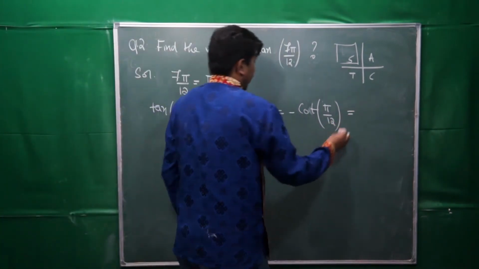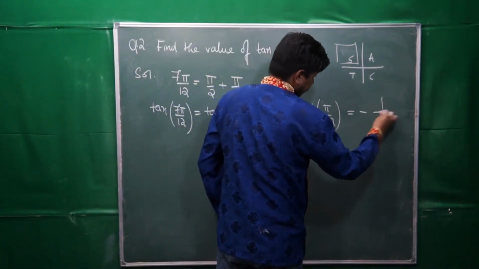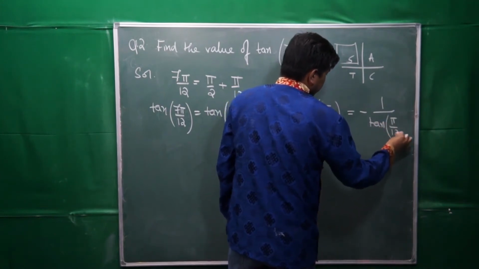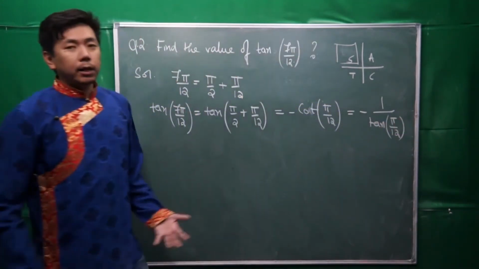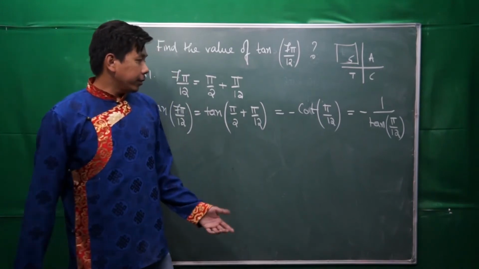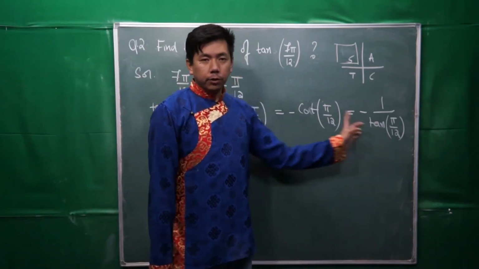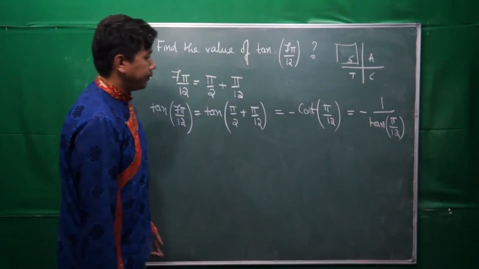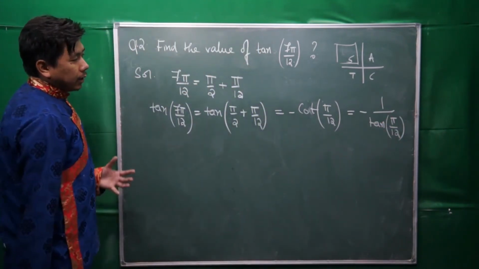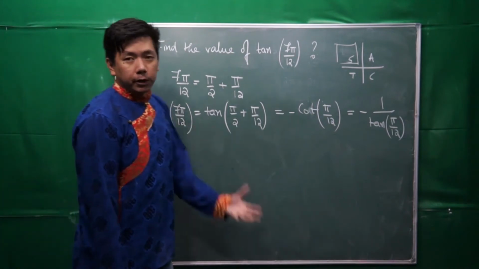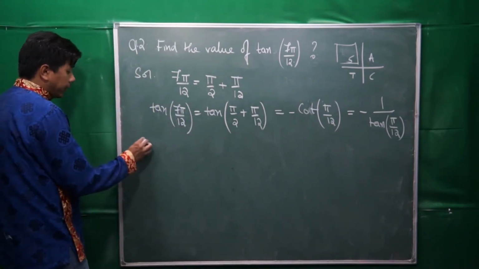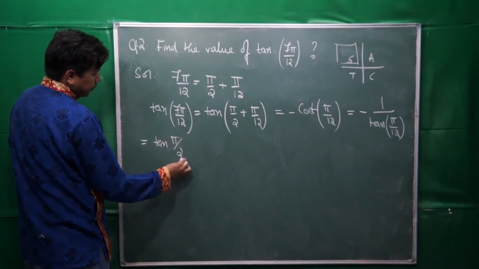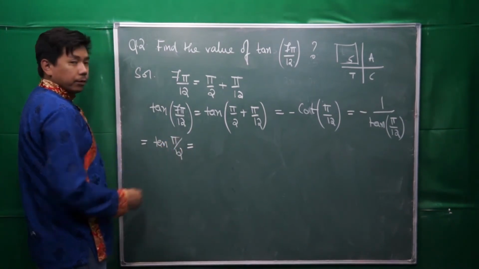Now this cot can be converted into tan by reciprocal. Using the reciprocal formula, cot converts into tan pi by 12. Now let's find the value of tan pi by 12.